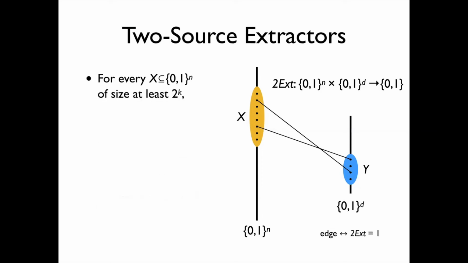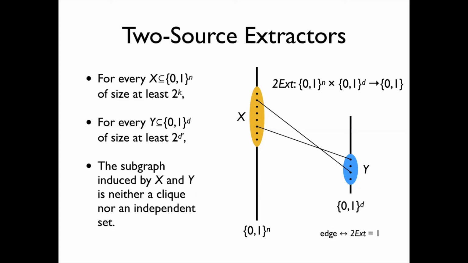In sets notation, we want that for every X subset of {0,1}^n of size at least 2^k, for every Y subset of {0,1}^d of size at least 2^d', the subgraph induced by X and Y is neither a clique nor an independent set. I'm now going to give a weaker property. And this property, which is called a bipartite Ramsey graph, will suffice, although we do get something a bit stronger, that roughly half plus minus epsilon 0 fraction of the edges are present in the subgraph.